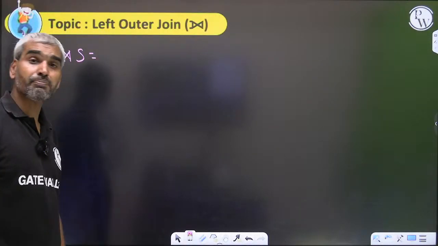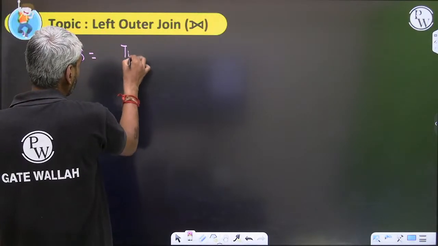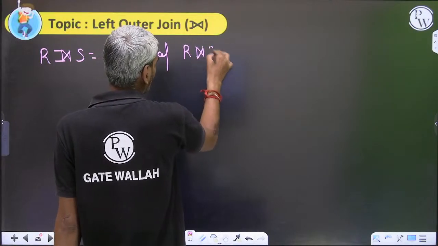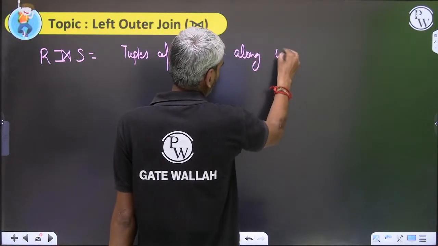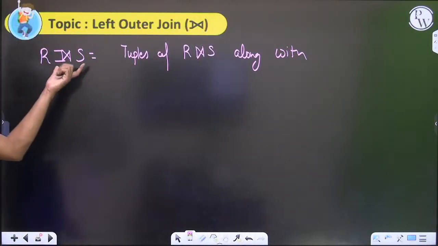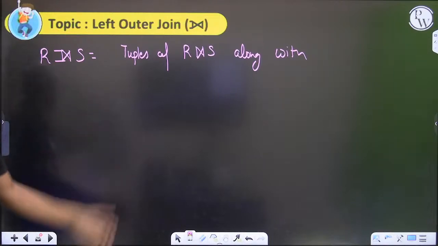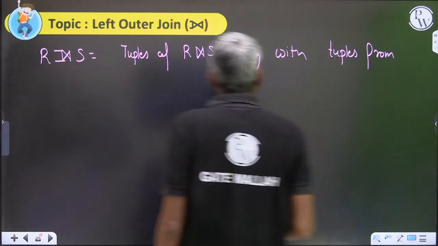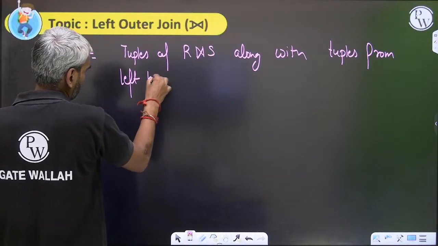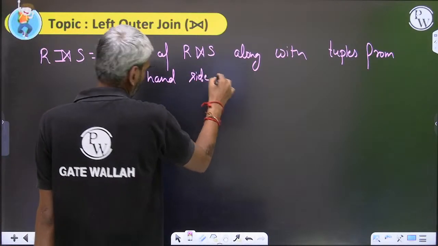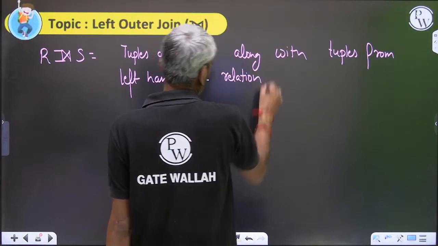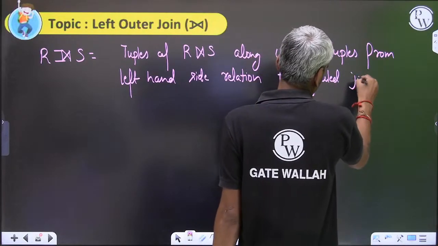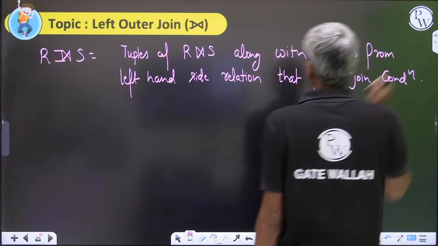First of all, it will contain all the tuples of R natural join S, along with, since we are talking about left outer join, the tuples from the left side relation that fail the join condition.